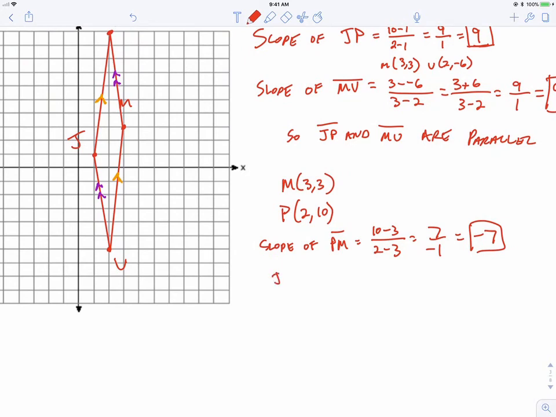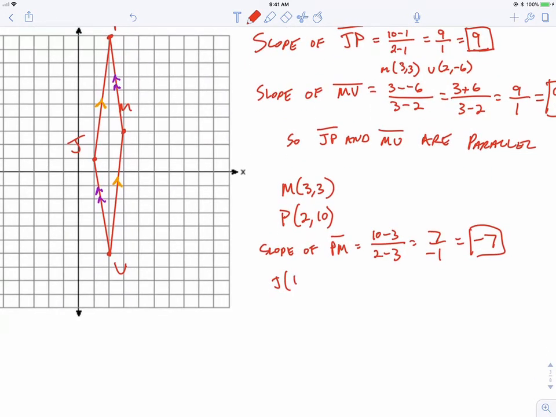We know that J was 1, 1, and U was 2, -6.